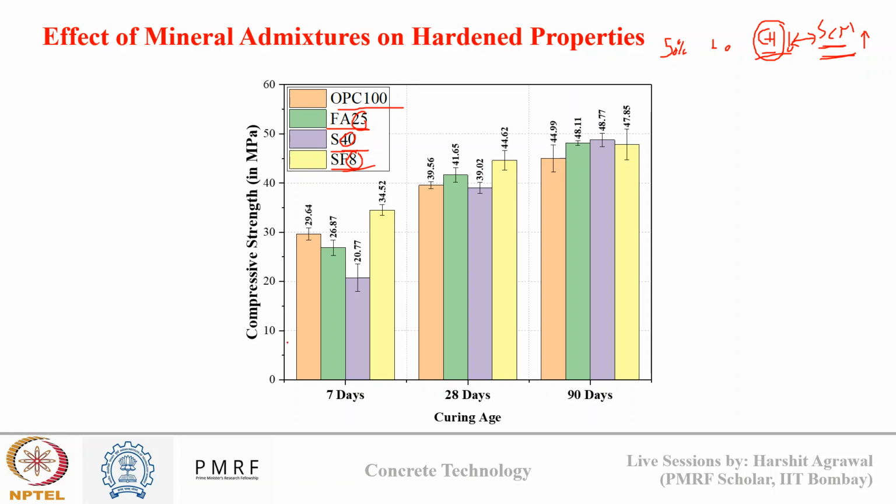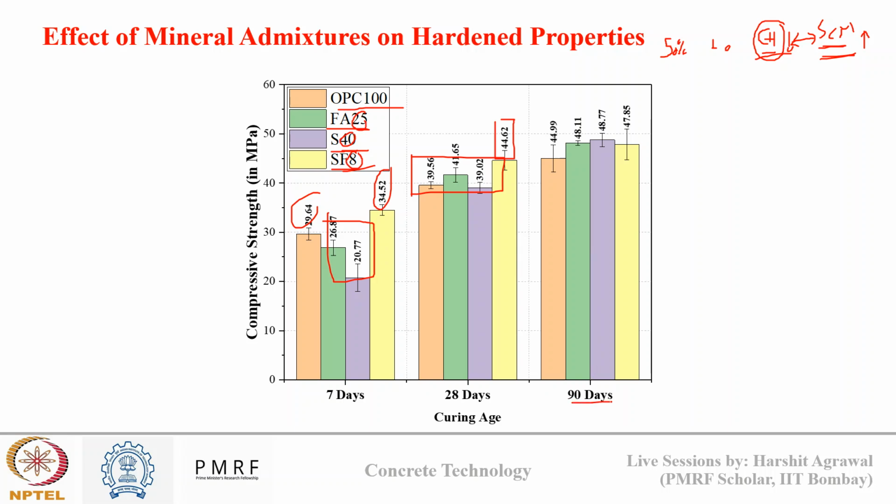In this slide you can see at early age, silica fume has a higher strength compared to OPC. However, slag and fly ash had lower strength compared to OPC. At 28 days, almost similar strength is there in the OPC, slag, and fly ash systems, while silica fume showed a higher strength compared to them.